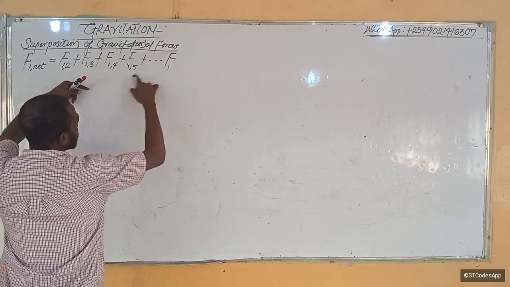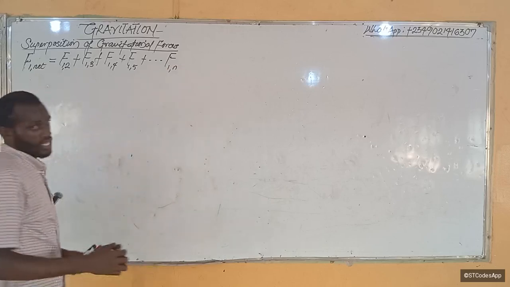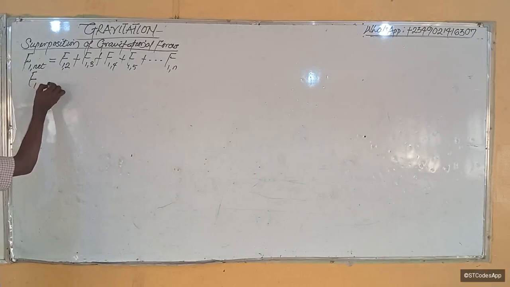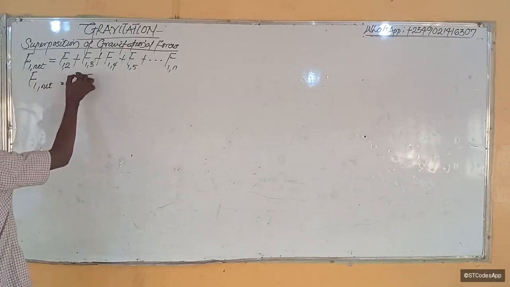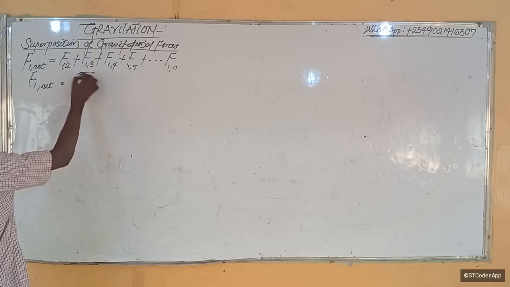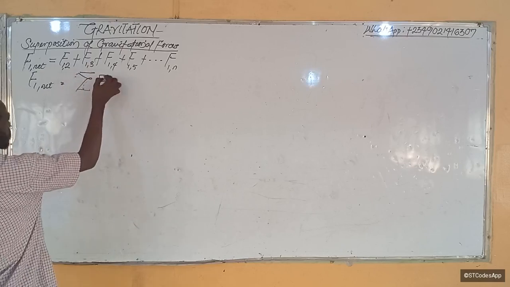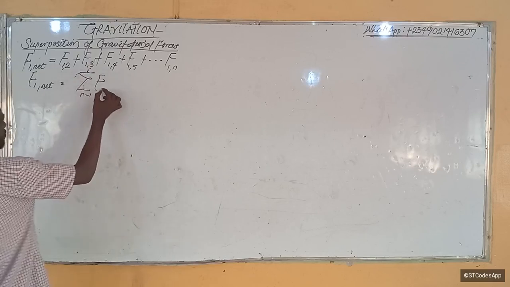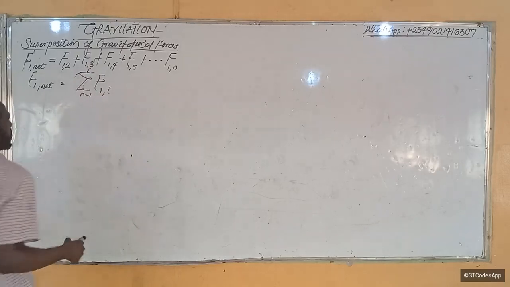Force on 1 due to n. Is that clear? So I basically say that F1 net will be equal to the summation of all the forces.